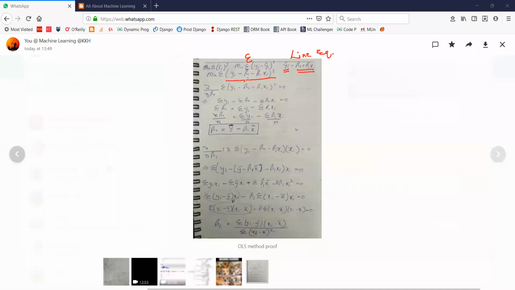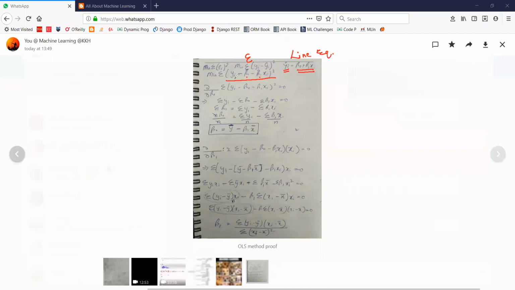And here our target is to find the minimum of this equation. We want those values of b naught and b1 for which this equation will be minimum.